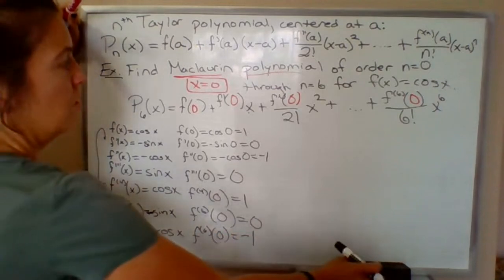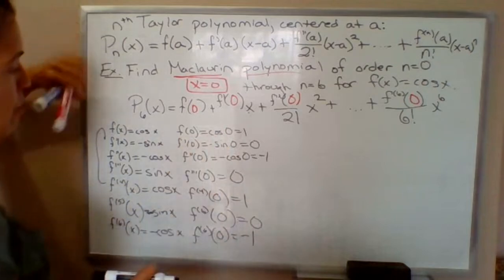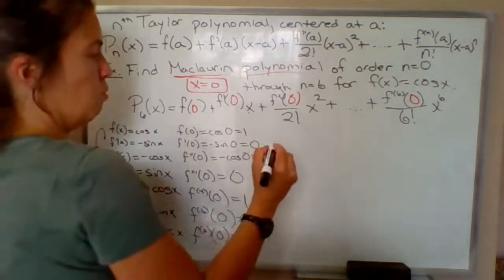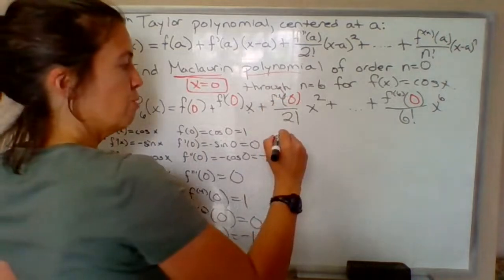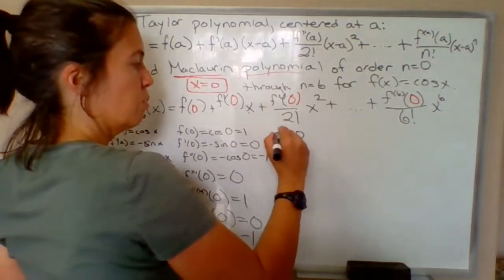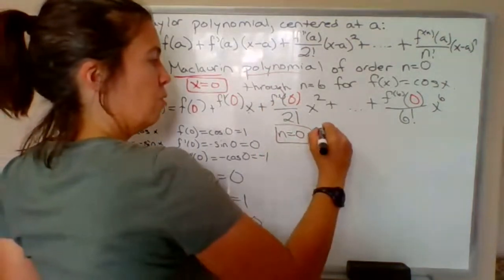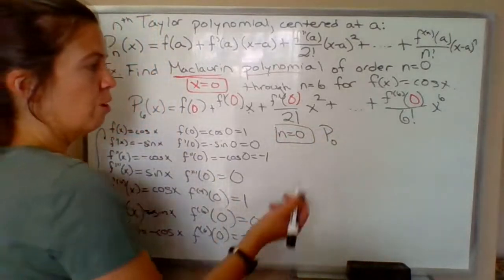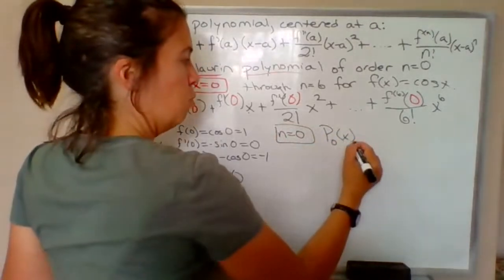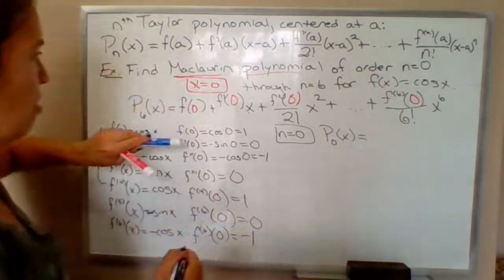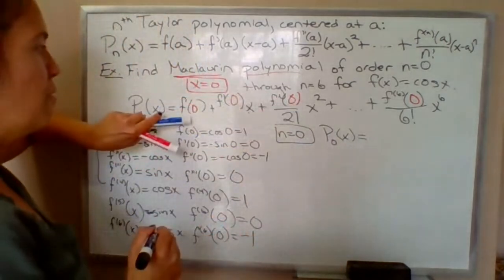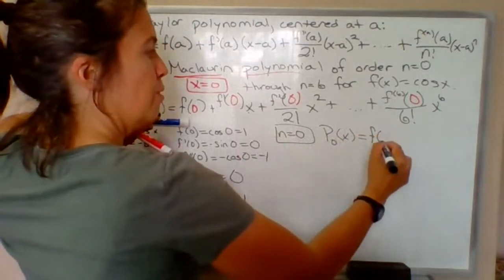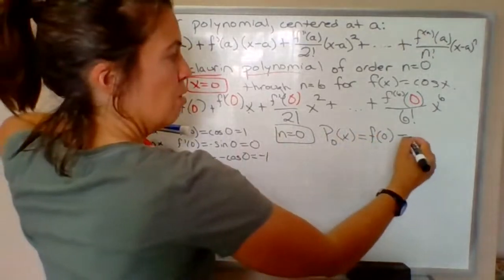Okay. So now I want to fill this in. We want to find order 0 through 6. So I'll start with n equals 0. So P0, the order 0 polynomial for cosine of x, would be this sum, but stopping when n equals 0. So you're actually going to stop just with your f of 0, which is cosine of 0, which is 1.